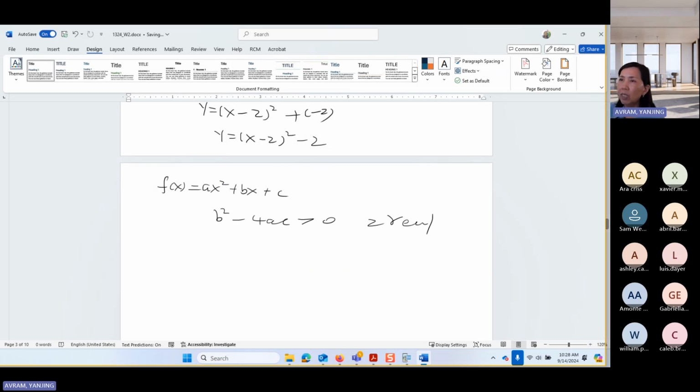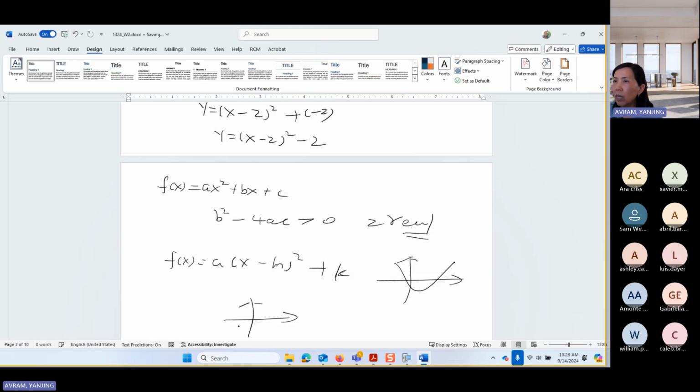But if you write down this form, this is a little bit tricky. How do you tell that this has two real zeros? That means it will cross the x-intercept twice. So if a is less than 0, it will be this one right here, right? So you're going to have two of them in here, okay?